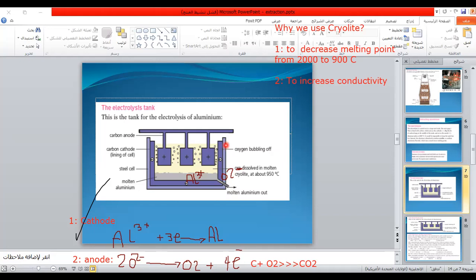So these are the reactions in the extraction of aluminium. So in your notebooks or on a paper, write these reactions, then send them to me on WhatsApp now, on paper.